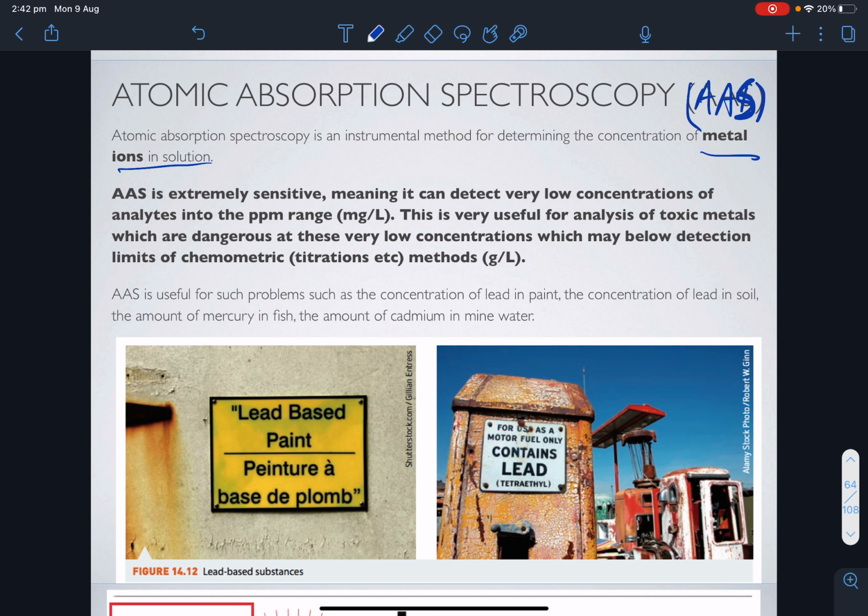Okay? Because the other methods cannot detect them, because the limits of detection for, for example, titrations are too small. So, for example, if you use the titration that we were talking about earlier, Volhard's, we get our precipitate.